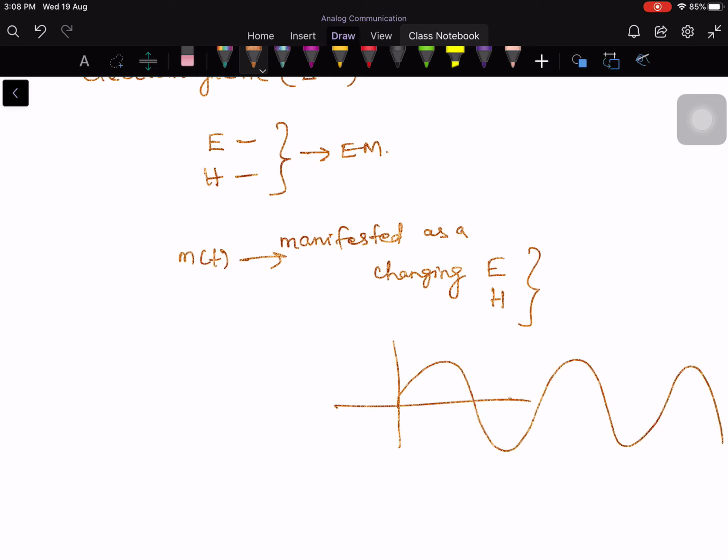If the electric field oscillates like this, vertically, then the magnetic field will oscillate like this.